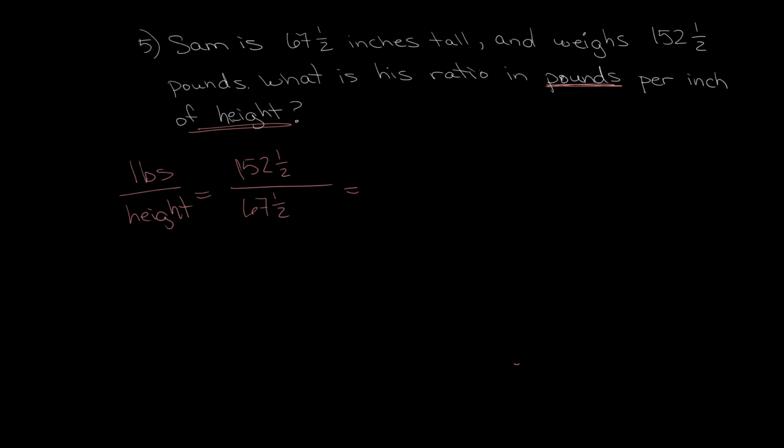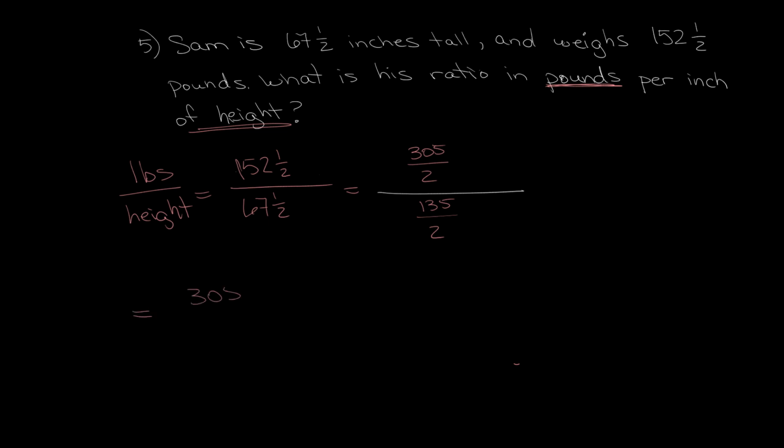So 2 times 152 is 304, plus 1 would be 305, and that's over 2. That is over 67 times 2 is 134, plus 1 is 135 over 2. And now we simplify that by multiplying by the reciprocal.